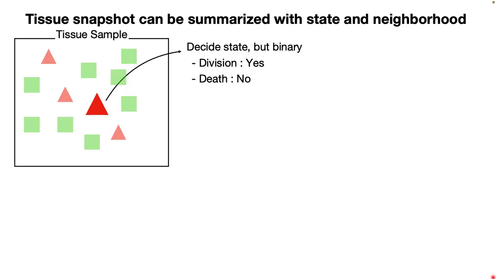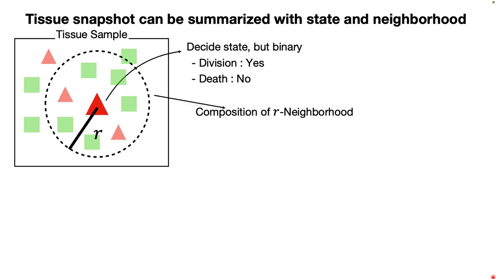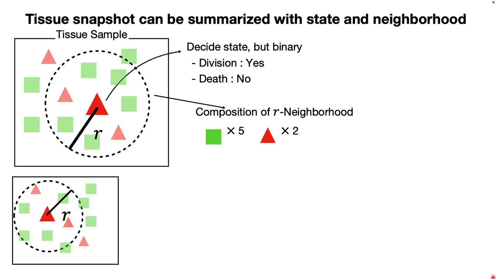One more thing to do is that first they set some neighborhood of this specific cell, and they count the composition. They have 5 rectangular cells and 2 triangular cells. And almost done. You only need to repeat this process for every other cell.